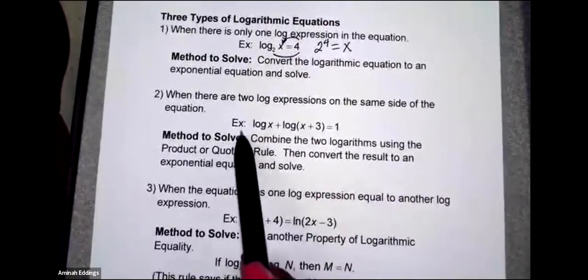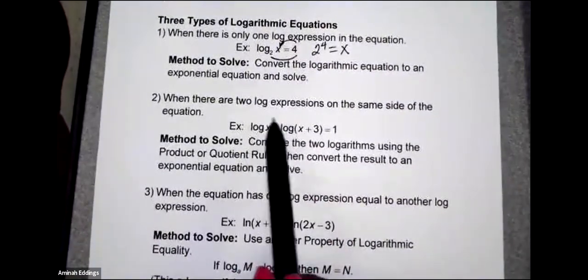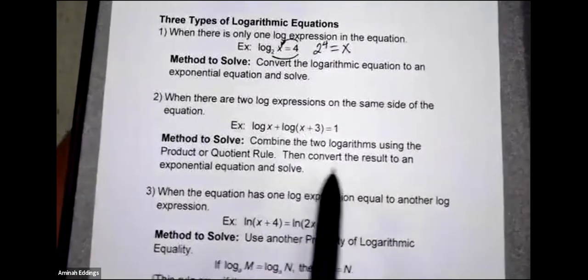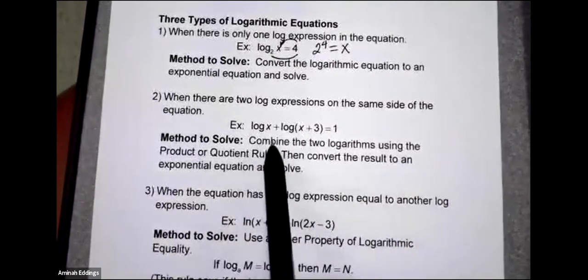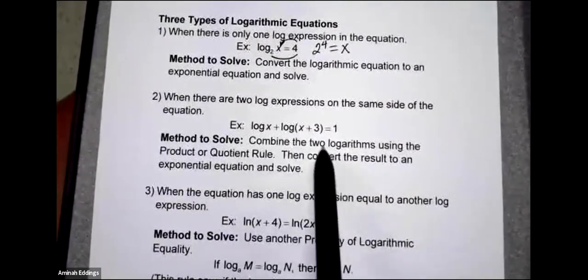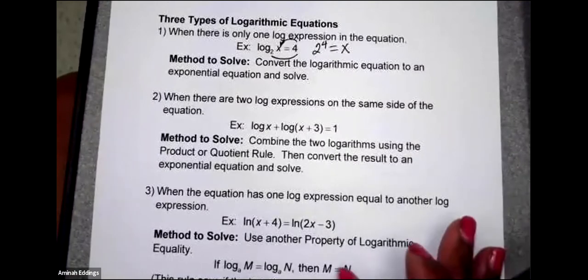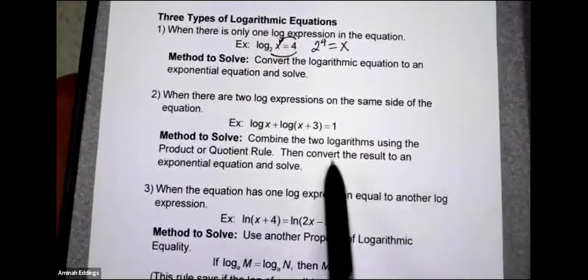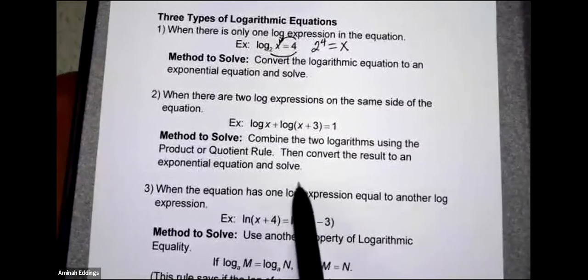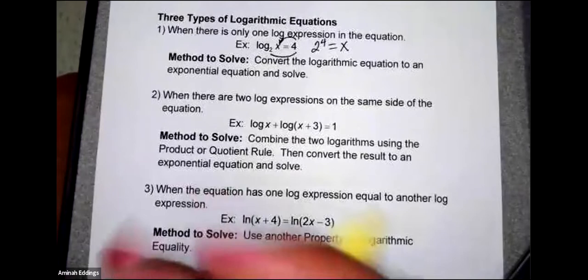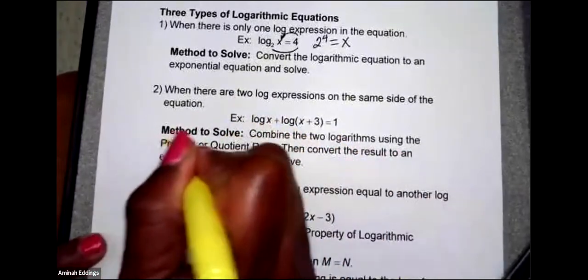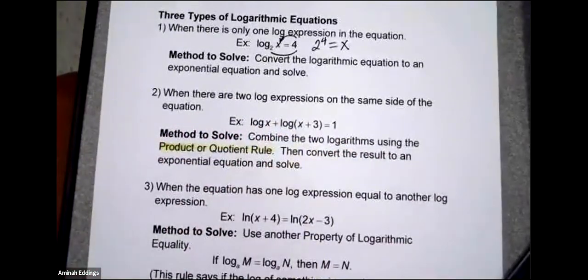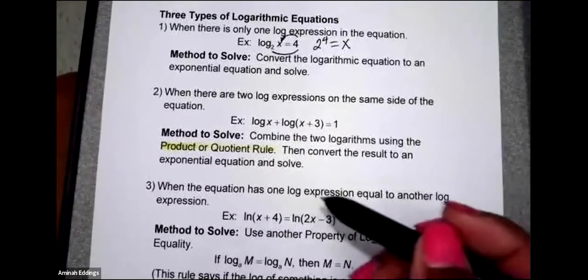The second type is when you have 2 logs on the same side. So log x plus log of x plus 3 equals 1. In order to solve this one, we're going to combine using our product or quotient rule, and then convert to an exponential equation and solve.